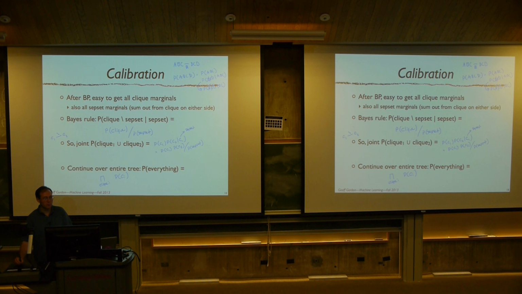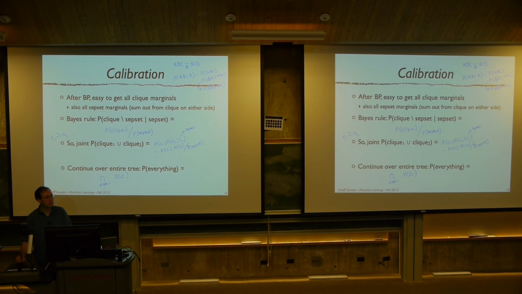Okay, and so the probability over the union of everything I can write like this, because I've written this already as this ratio.